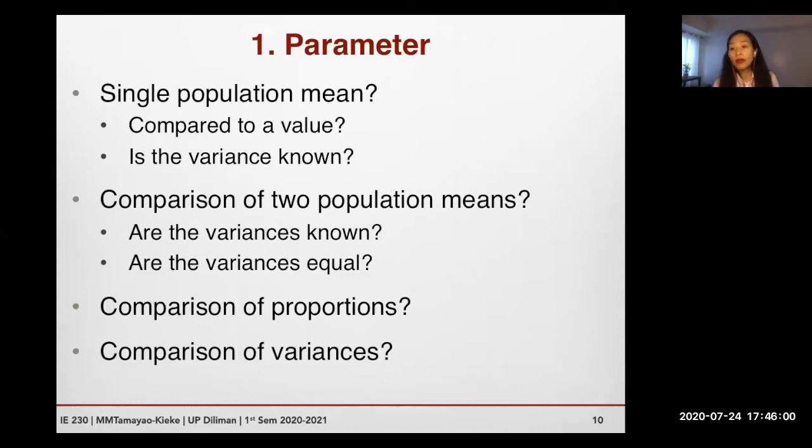We could also be looking at comparison of proportions. Say we want to compare the rate of infection between two populations or the defect rate for two variations of a process. We could also be interested in the variability of a population or comparing the variability of two populations, in which case our parameter is the variance.